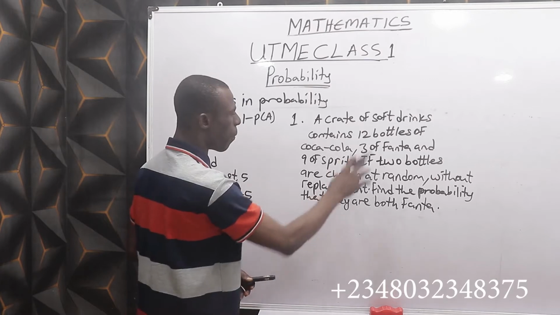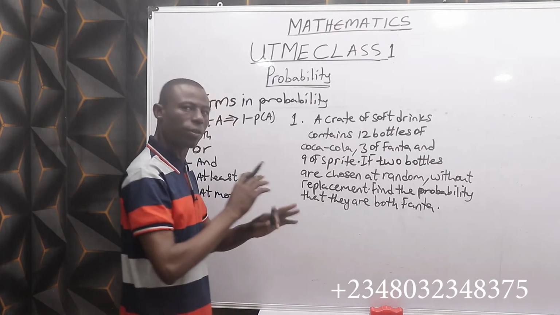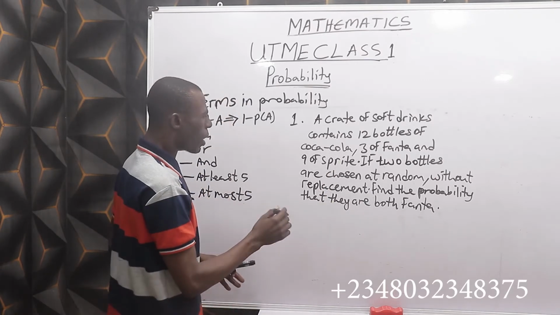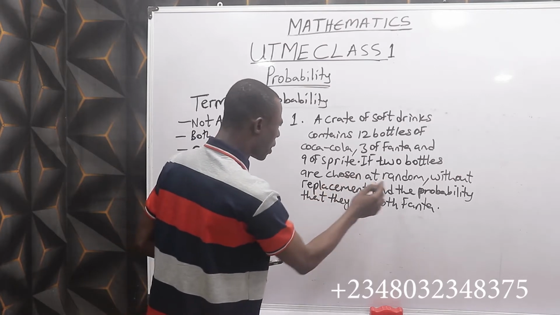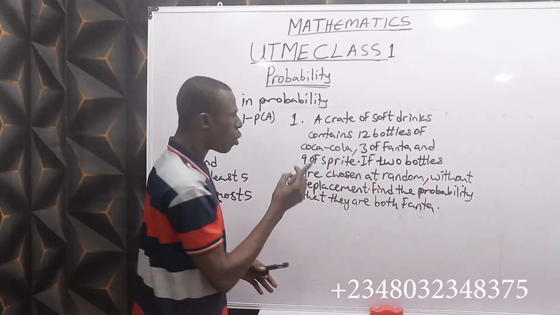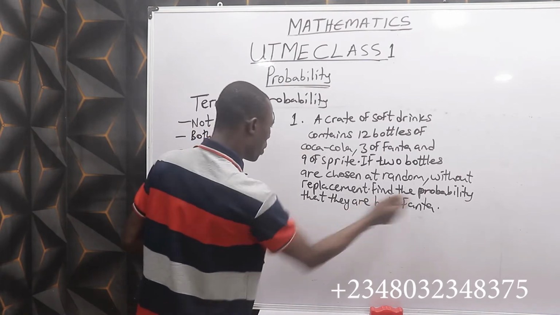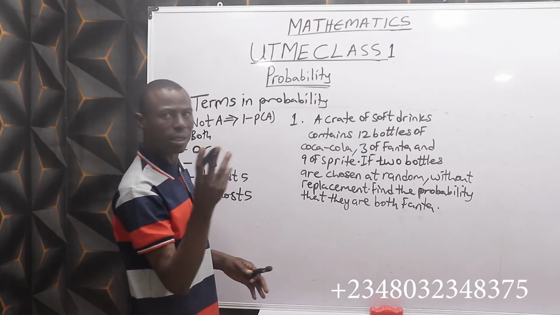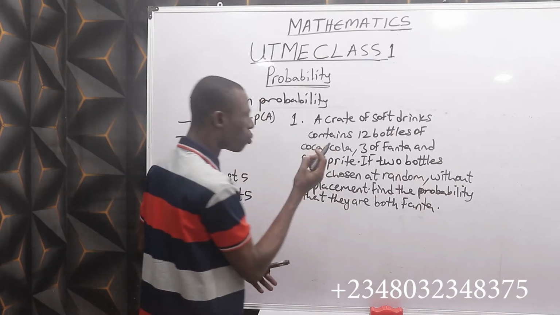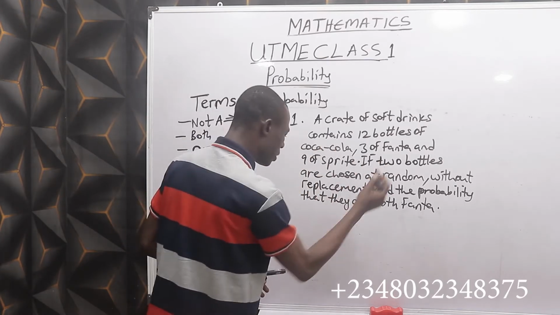So, the total number possible here is 24. Our required item is 2 bottles of Fanta, that the 2 bottles chosen are Fanta.